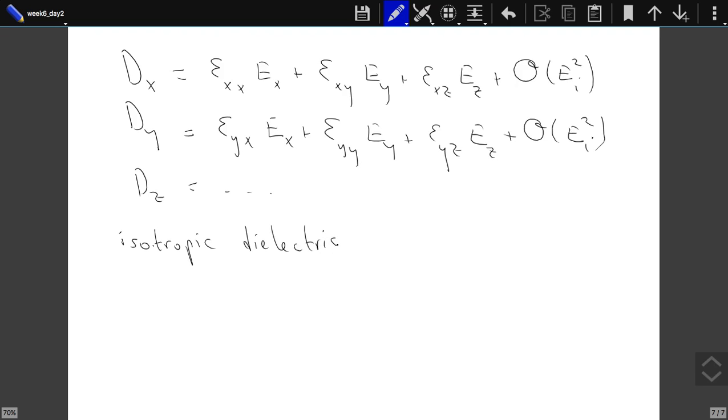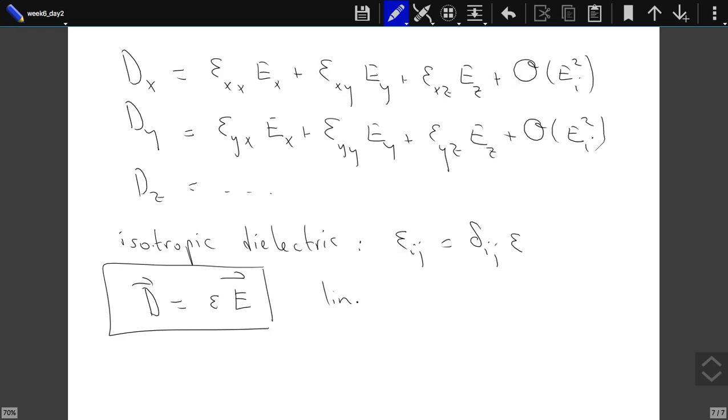So if it's isotropic, the created dipole density will be in the same direction as the electric field, so the displacement field will be in the same direction as the electric field. For isotropic dielectric, epsilon ij will be proportional to Kronecker delta ij. So D field will be equal to epsilon times the E field.